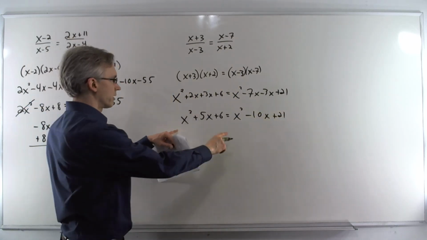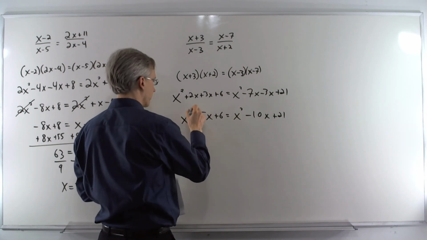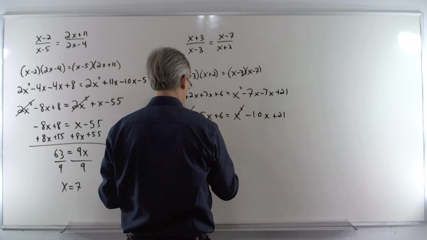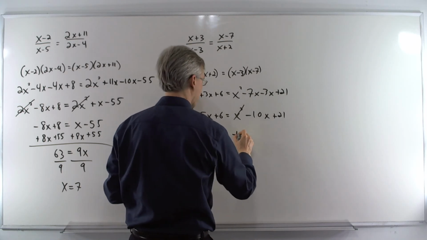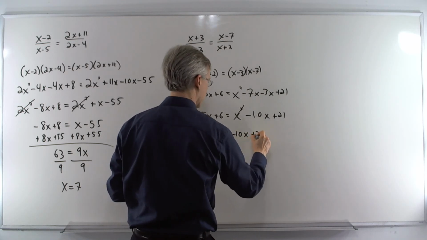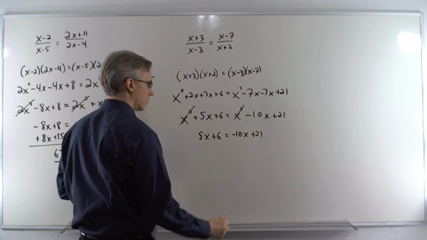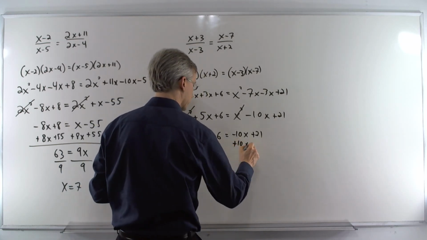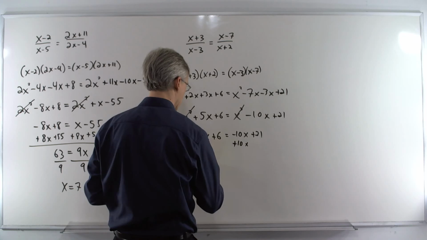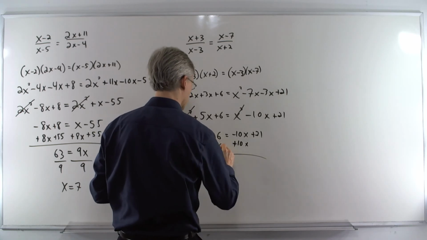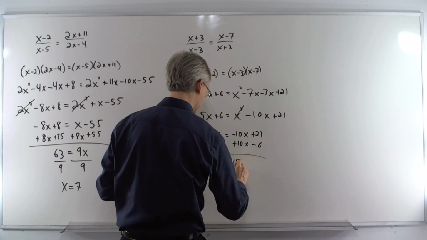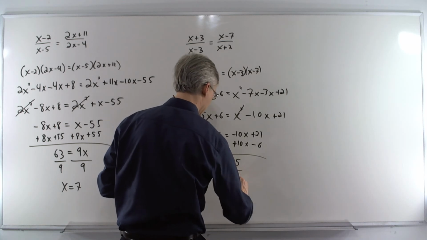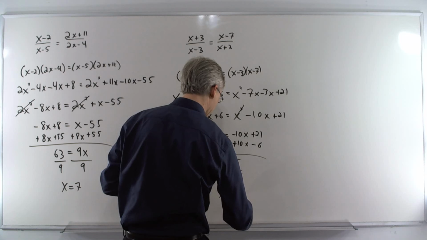All right, we got an x squared on both sides. I'm going to subtract x squared from both sides. Gets rid of that. Gives us 5x plus 6 equals negative 10x plus 21. Add 10x to both sides. Subtract 6 from both sides, and we get 15x equals 15. Divide both sides by 15, and we get x equals 1.